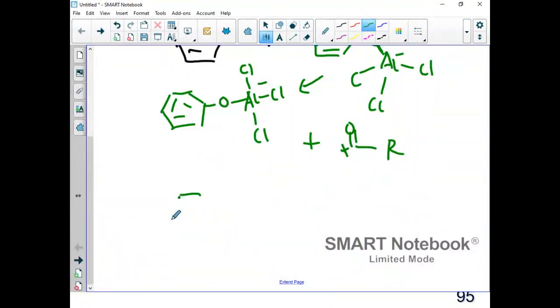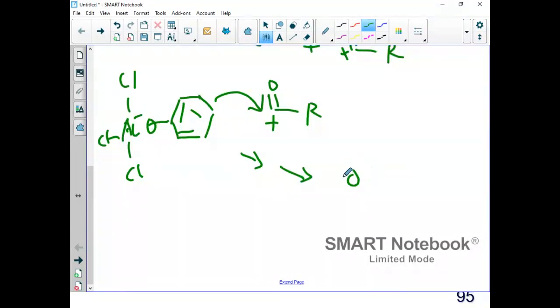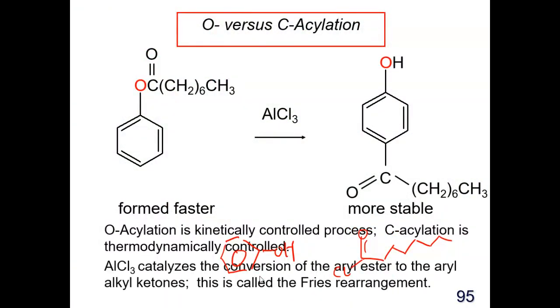Then you have the standard electrophilic aromatic substitution reaction, and eventually it leads to the C acylation product, because the C acylation product is more stable than the O acylation product.